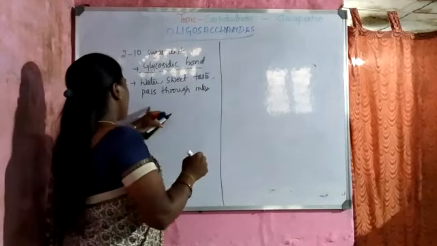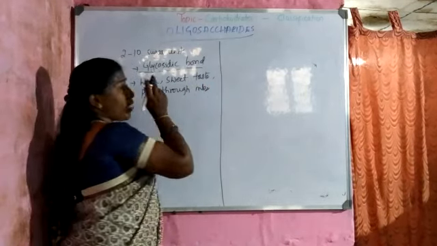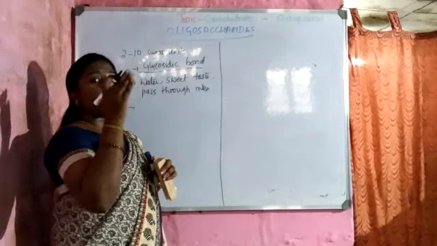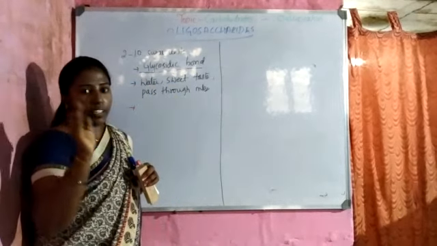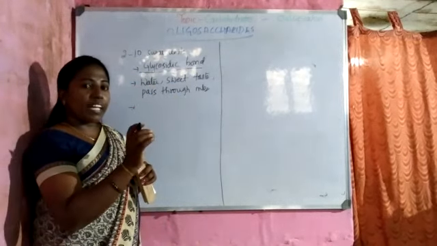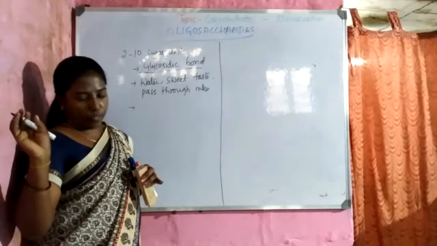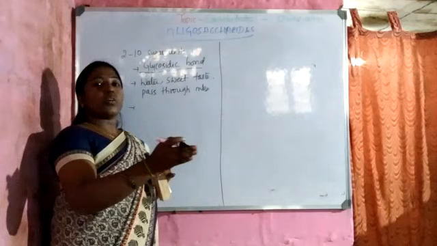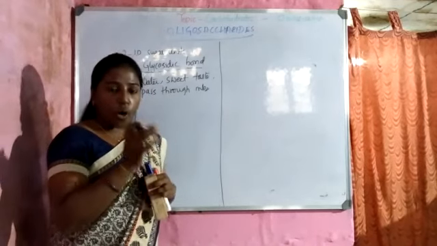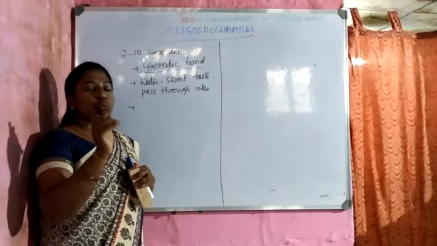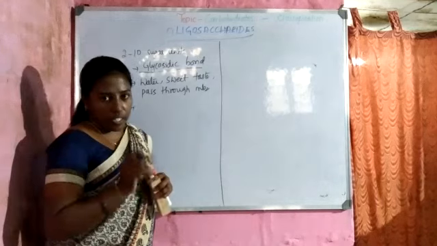The next is on hydrolysis. When you break any oligosaccharide, 2 to 10 sugar units will be formed. So on hydrolysis, oligosaccharides produce 2 to 10 sugar units.